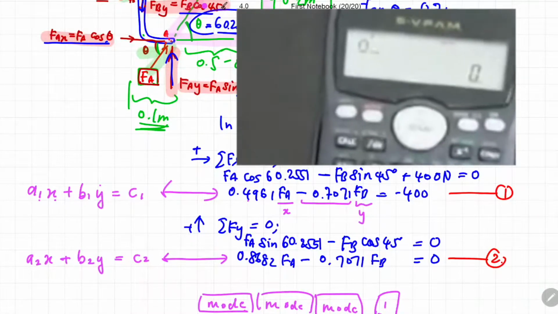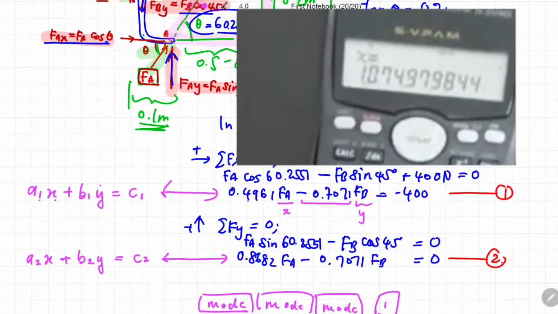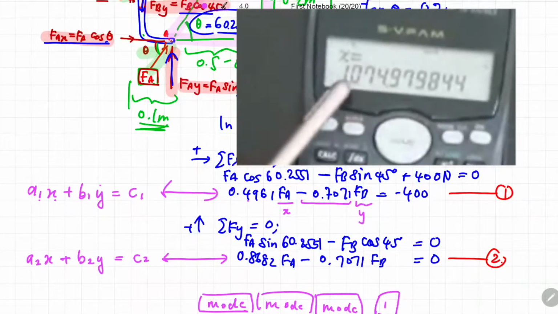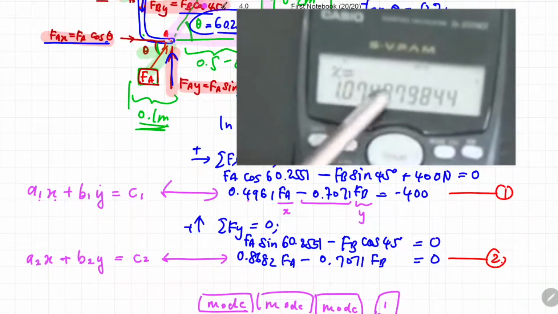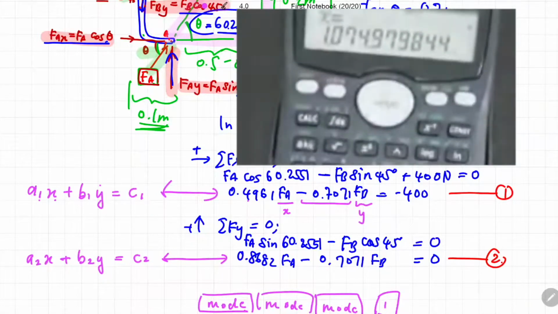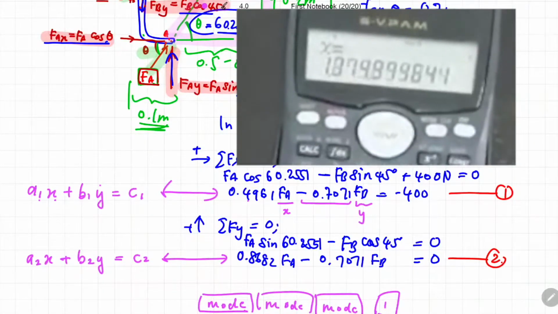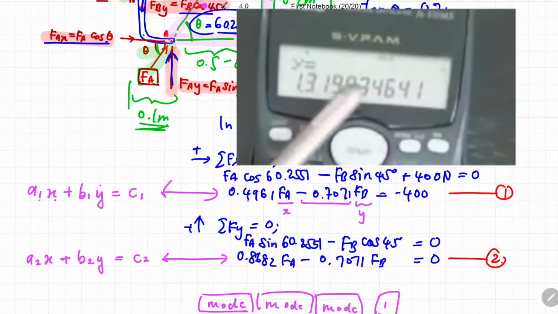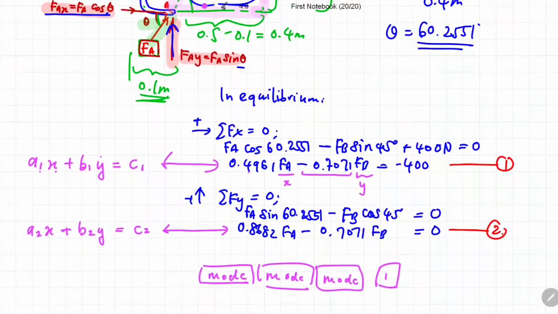Okay, now the magical thing will happen whereby you akan dapat your value of X to be 1074.98, and then kalau tekan lagi equation sama dengan ni, you will get 1319.8946. Okay?